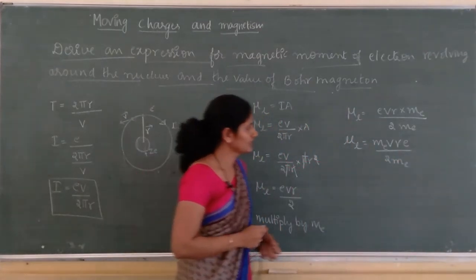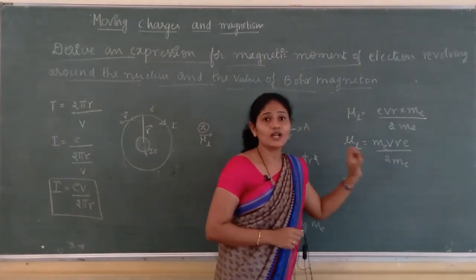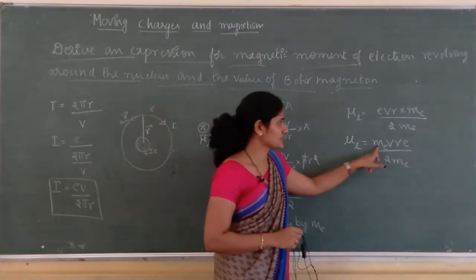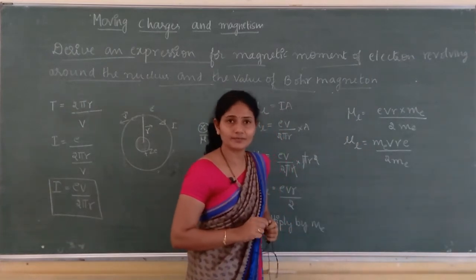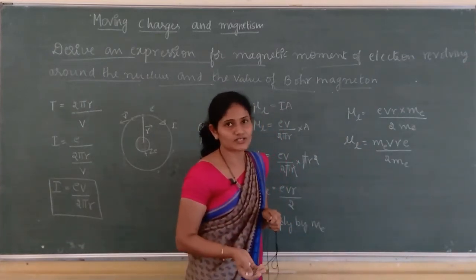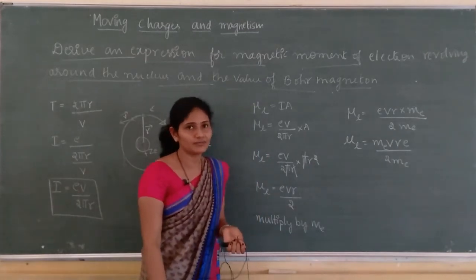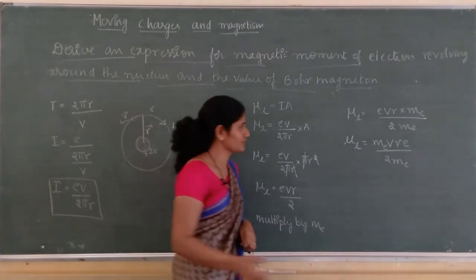We know that mvr is nothing but the angular momentum of the electron. What do you mean by angular momentum? Moment of momentum is called angular momentum. In circular motion we have angular momentum, and in linear motion we have linear momentum.